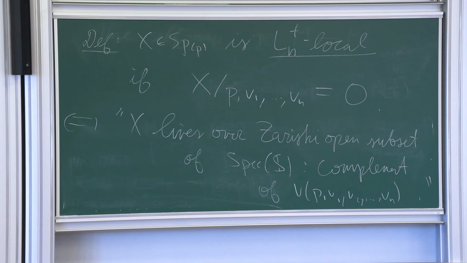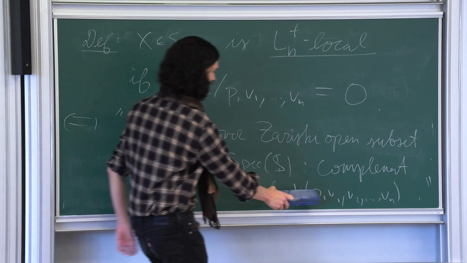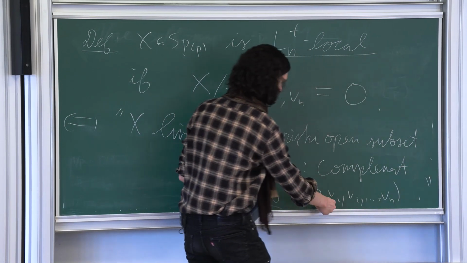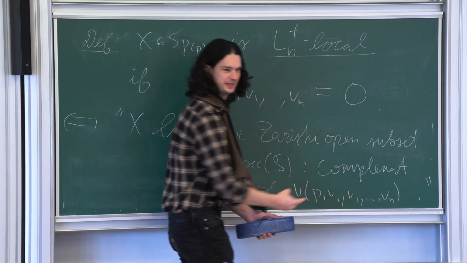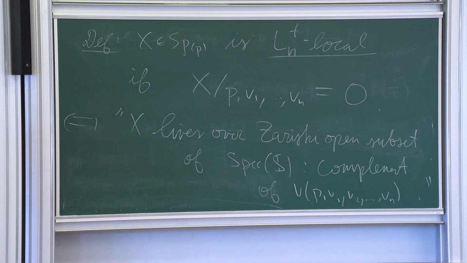But it's a bit different. We don't have globally defined functions or elements because V1 only appears when you mod out by P. And V2 only appears when you mod out by P and V1. And so on, so that you kind of have to do this inductively.